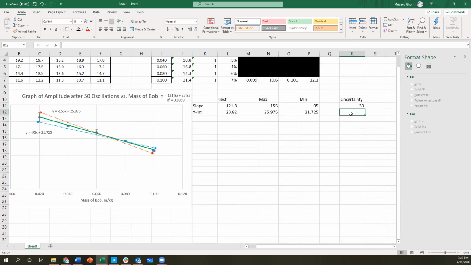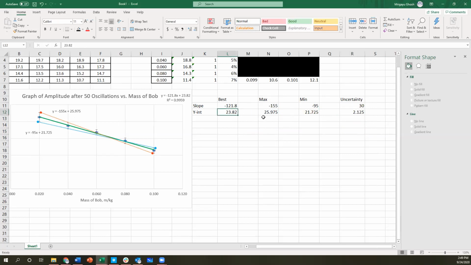Okay. And then here, it'll be this one minus this one, divided by 2, okay? 2.1.